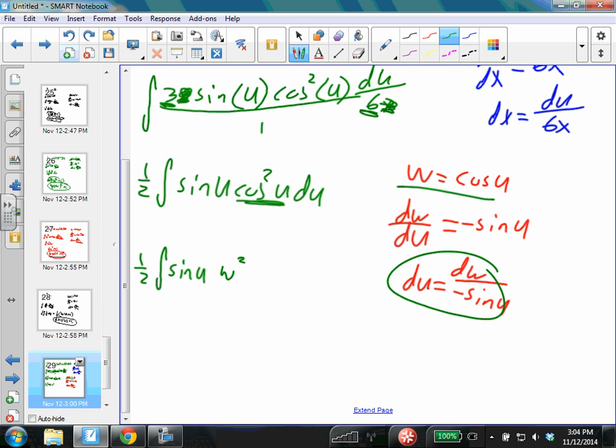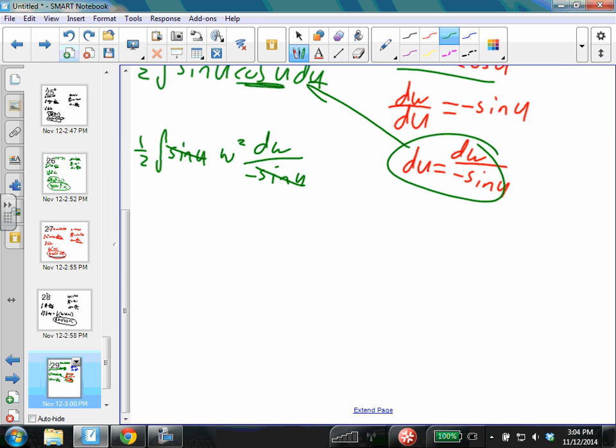And then I'm going to sub this in for du, so it's dw over negative sine u. My sine on bottom and my sine on top cancel. The negative that's left over, I'm going to pull out front, making it negative 1/2 times the integral of w squared dw.